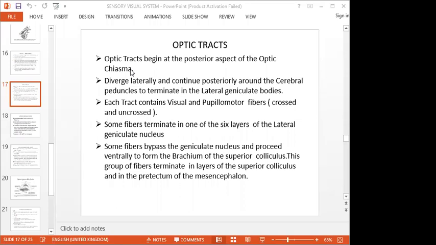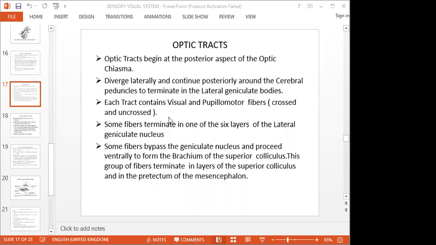The crossing itself is the optic chiasm. The tracts diverge laterally and continue posteriorly around the cerebral peduncles to terminate in the lateral geniculate bodies, left and right. Each tract contains visual and pupillomotor fibers, crossed and uncrossed.